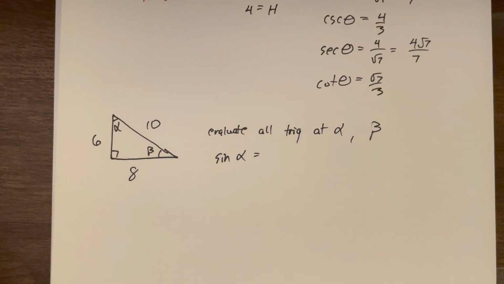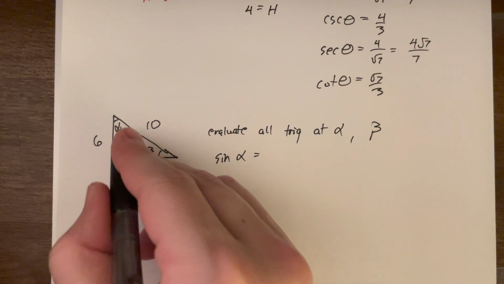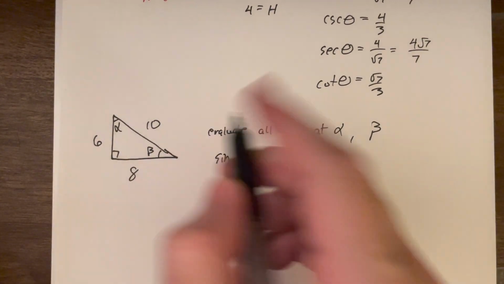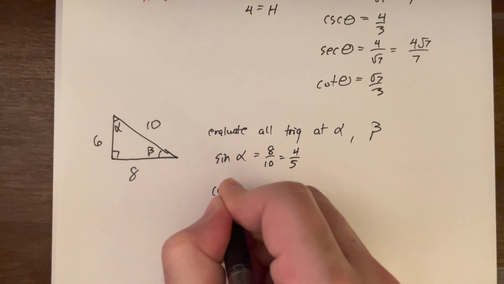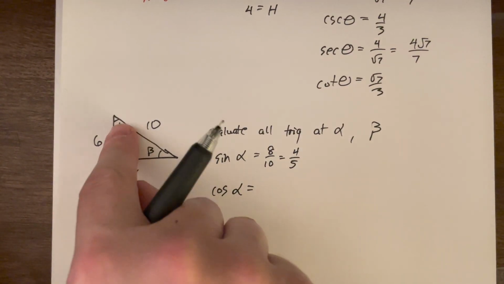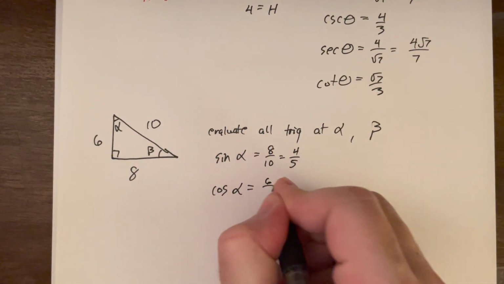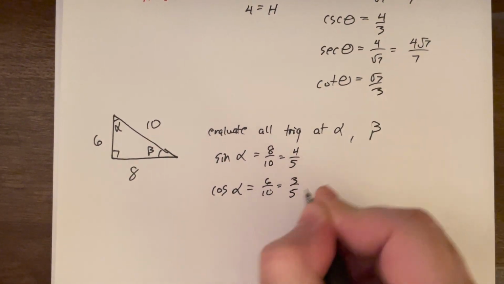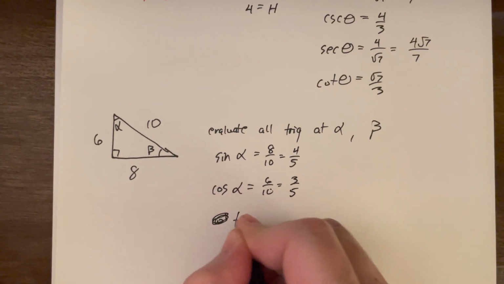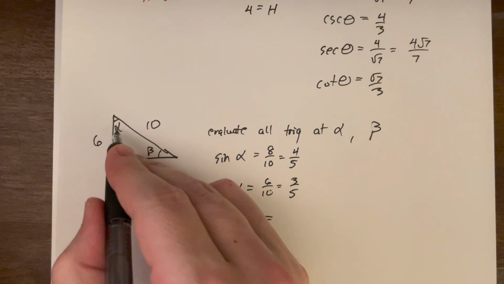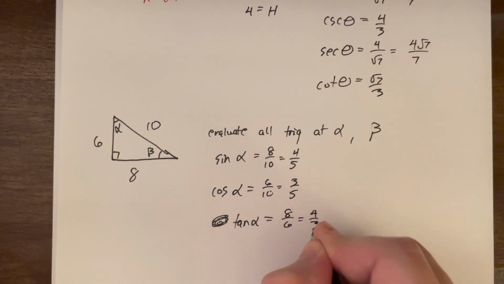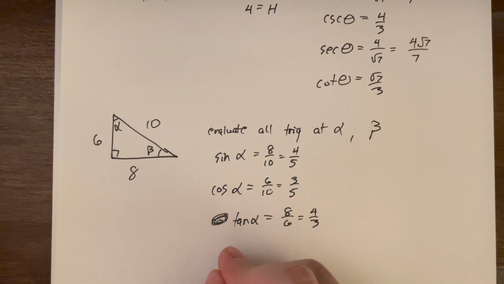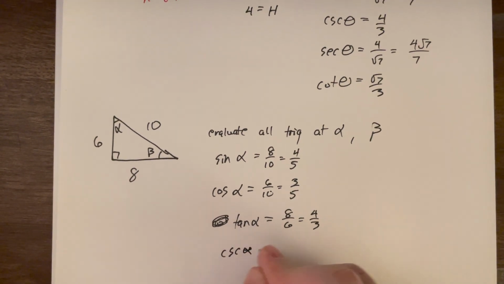So let's go through this from alpha's perspective, 8 over 10, which I can reduce to 4 over 5. Cosine of alpha, adjacent over hypotenuse. Oops, tangent next. Tangent, opposite over adjacent. And then the other three, cosecant alpha.